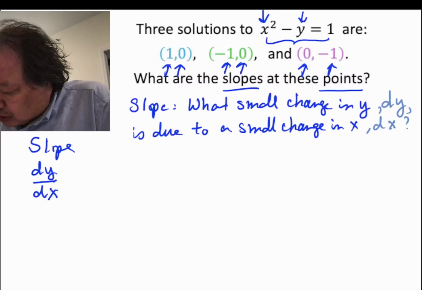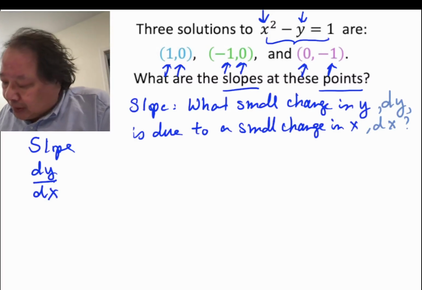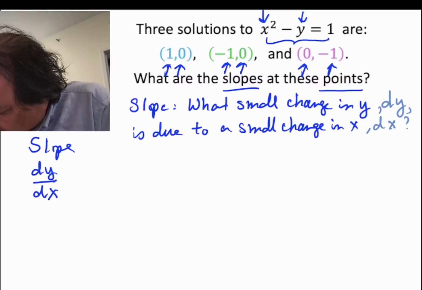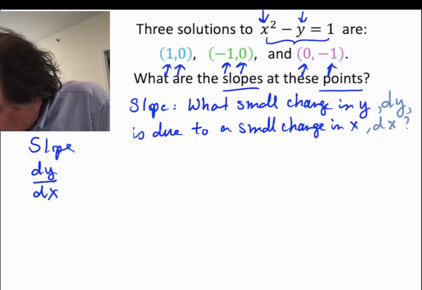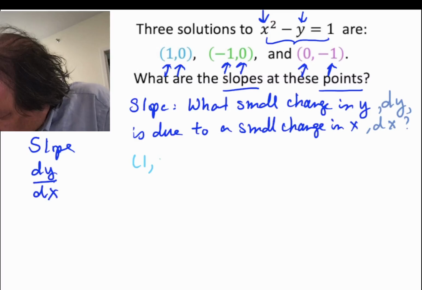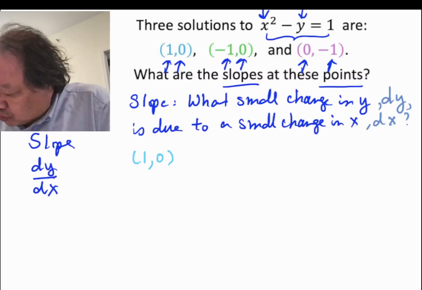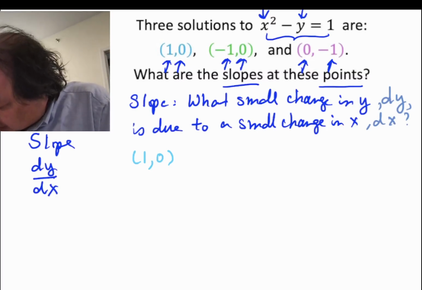And we're now going to apply this idea to these special solutions. We'll first look at the solution 1, 0. So in 1, 0, the initial value for x is 1. And remember, we're doing x squared. So the initial value is 1.